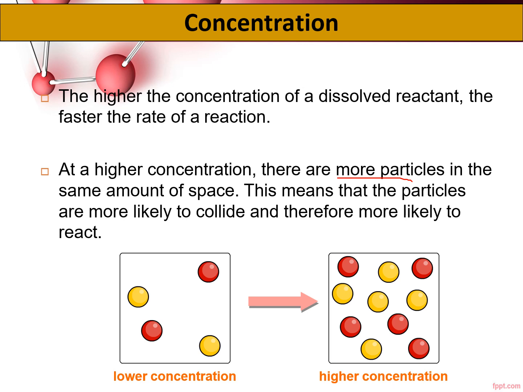So when you have more particles inside the space, collision between each other will be more likely compared to the one that has lower concentration. They will collide more compared to the one having a little concentration. So once they collide more, what happens? More successful collisions will happen, so they will increase the rate of reaction as well.